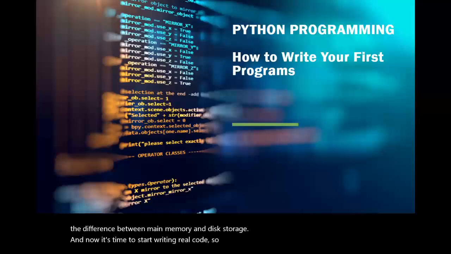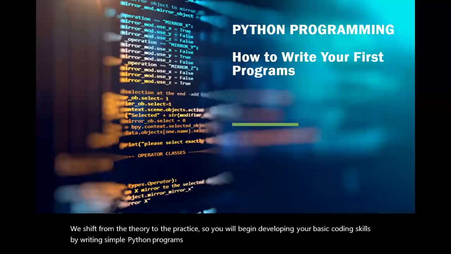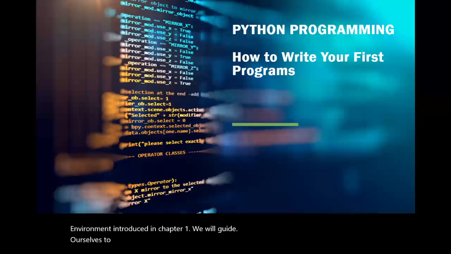So in this chapter, we will shift from the theory to the practice. You will begin developing your basic coding skills by writing simple Python programs using IDLE, the integrated development environment introduced in chapter 1. We will work through core programming concepts such as data types, variables, numeric values, and strings.